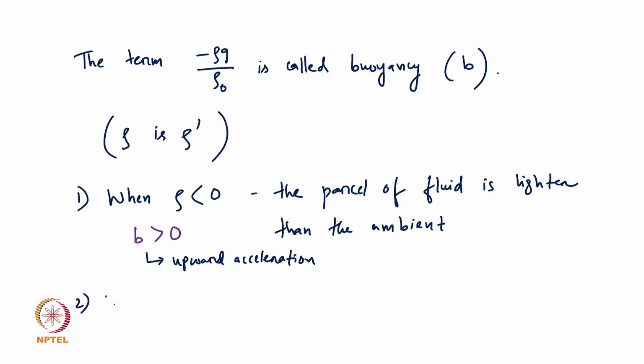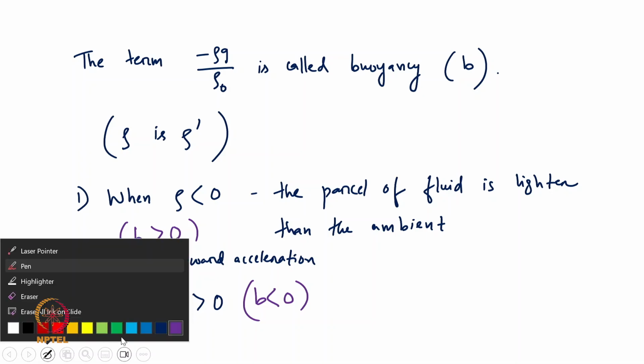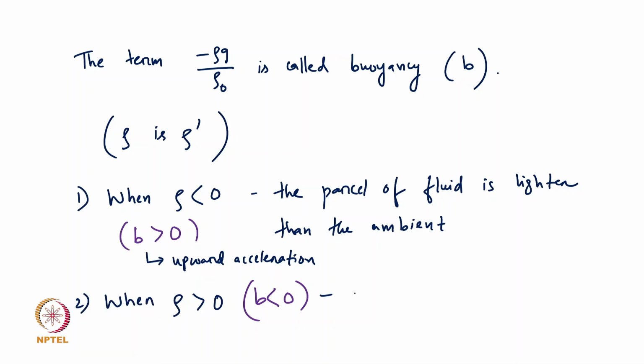However, when rho is greater than 0, because there is a negative term in front of this buoyancy, B is less than 0. So this means there's a downward acceleration.